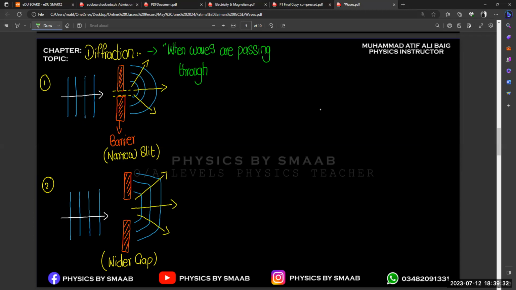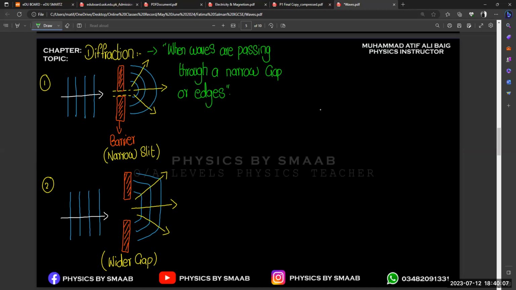This is a simple definition for diffraction. It is for both, right? It is not specific to the first or second condition. It is a general definition. Passing through narrow gaps or edges. So this concept is known as diffraction, right?